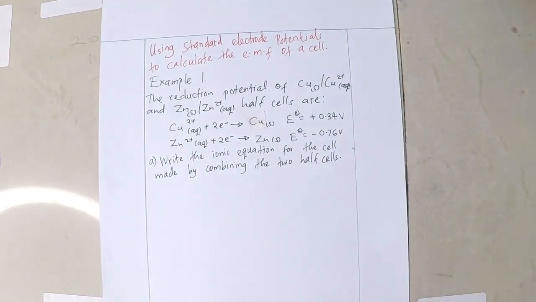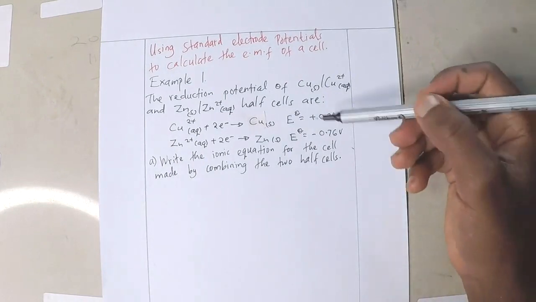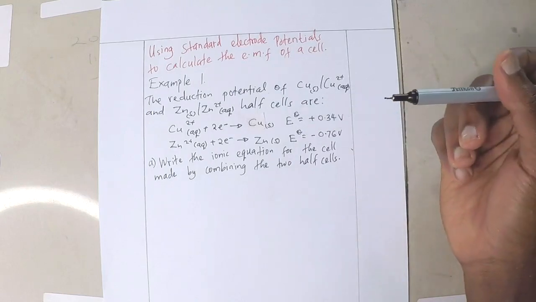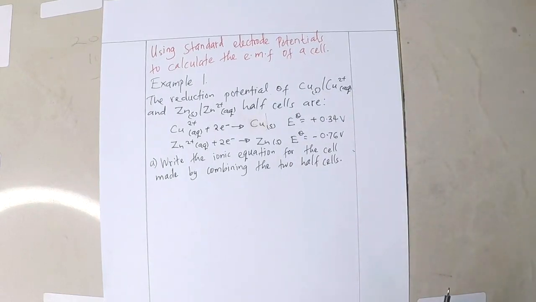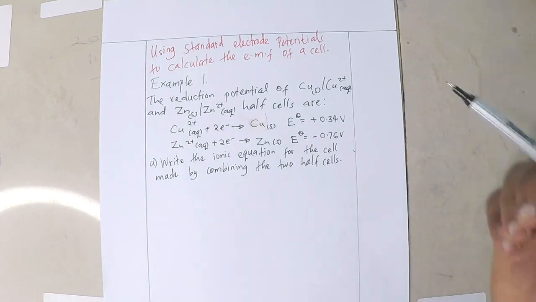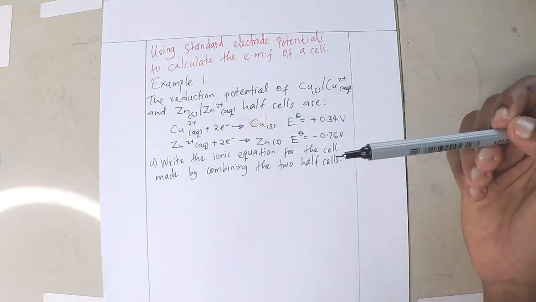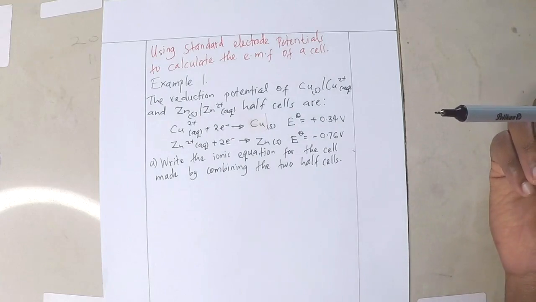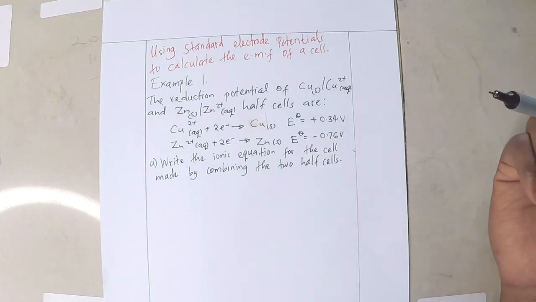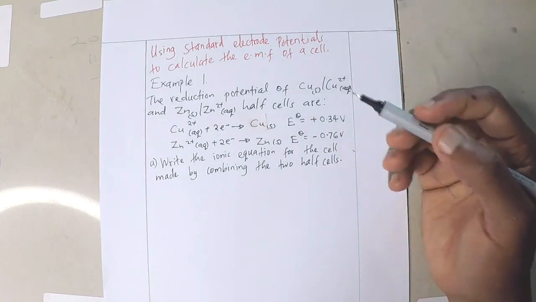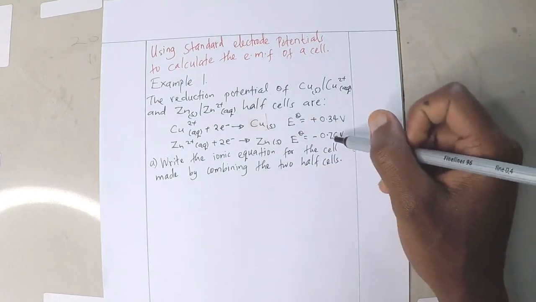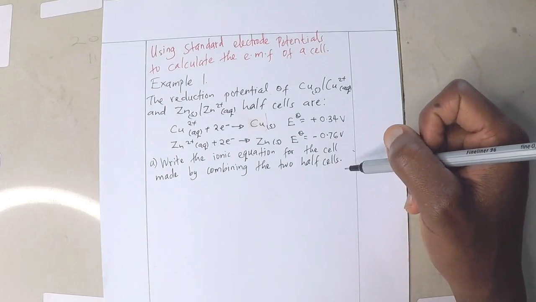Before we start, we need to understand that the electrochemical cell made by combining the two half cells is going to have the copper half cell on one side and the zinc half cell on the other. But to determine which one is going to be on the left hand side and which on the right hand side, we have to look at the electrode potentials.